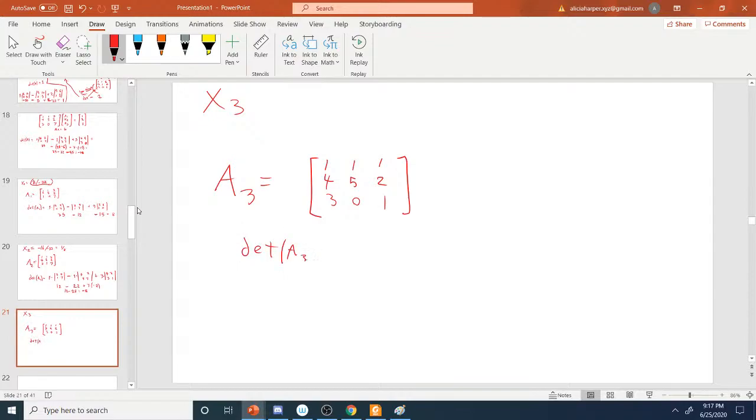And the determinant of A3 is going to be this cofactor minus this corresponding to this subblock, and then plus 1 times this cofactor.